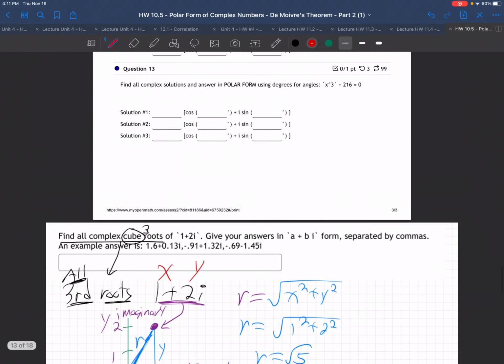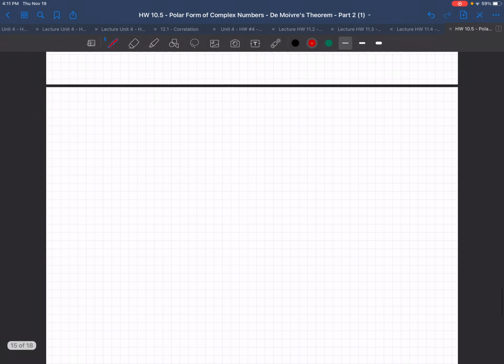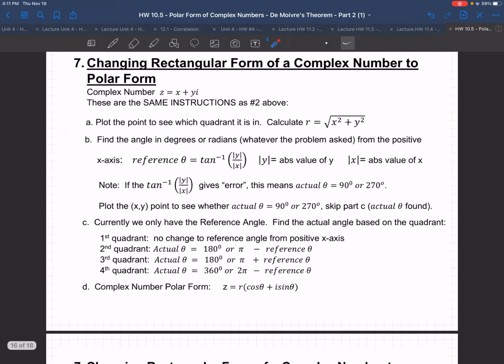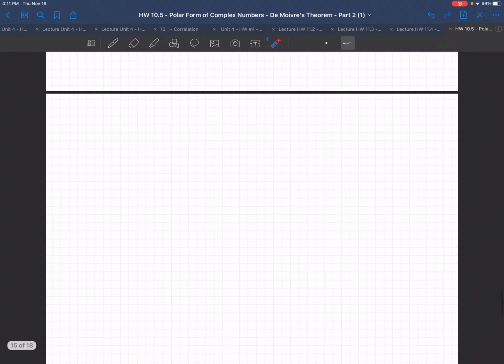That may or may not be the actual angle. What does it say we do from there? Well, that's the reference angle, and then part C says currently we only have the reference angle. Find the actual angle based on the quadrant. If you're in the first quadrant, no change. Second quadrant, the actual angle is 180 or pi minus the reference, and so on for other quadrants. What quadrant are we in?